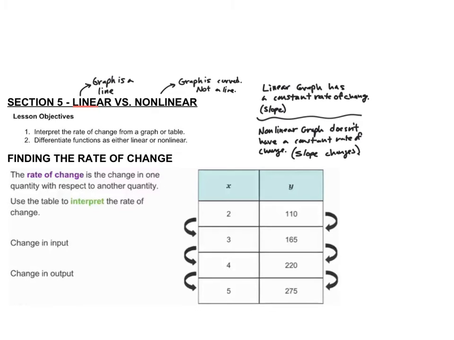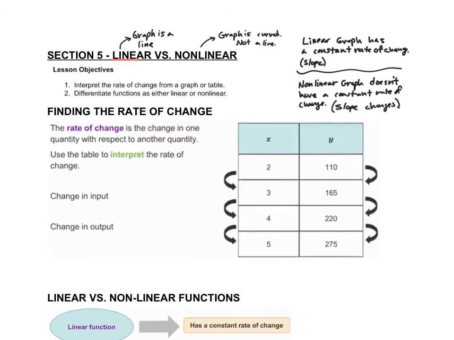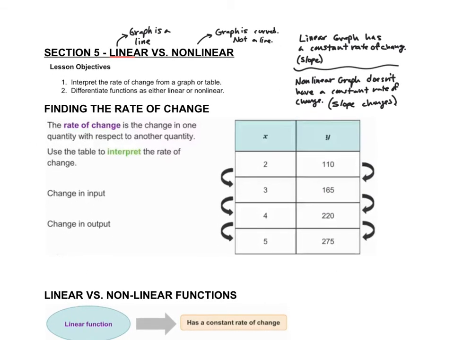So we've done some of these things. We've talked about rise over run. We've talked about slope. And what we want to do is find the rate of change given a table. And we did this in the last video, the rate of change is the change in one quantity with respect to another quantity.